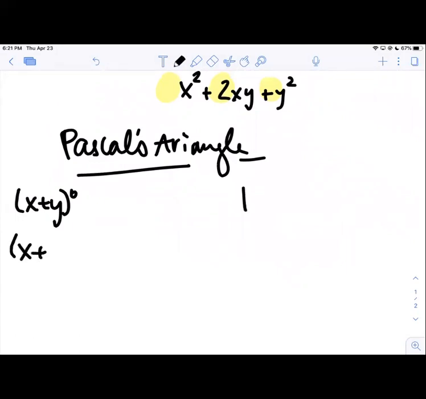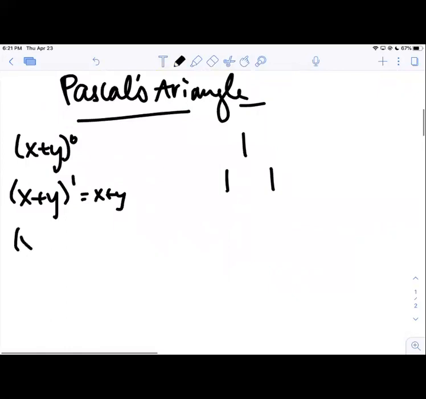Now I'm going to do (x plus y) to the first. If we were to expand that out, it's just x plus y. So my coefficients would be 1 and 1. (x plus y) squared, well, we just did that out. You can see above for that. And so my coefficients there are 1, 2, and 1.